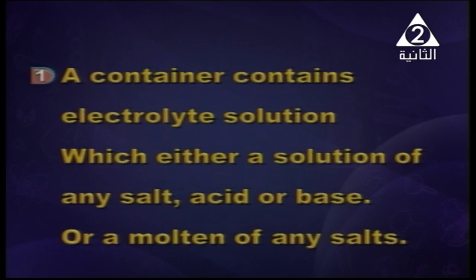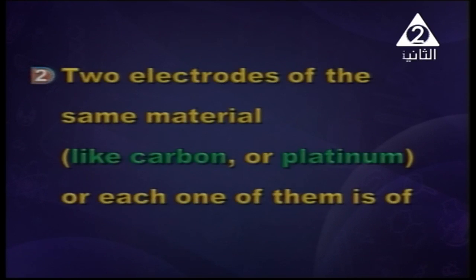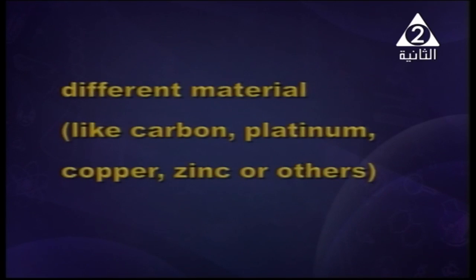Number one, a container containing an electrolyte solution, which is either a solution of any salt, acid or base, or a molten salt. Number two, two electrodes of the same material, like carbon or platinum, or each one of a different material, like carbon, platinum, copper, zinc, or other metal.